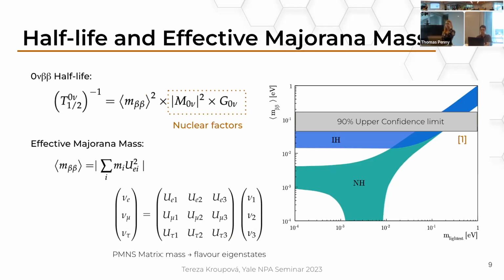So how often can we expect this process is given by the half-life here. The two factors here are nuclear factors: the nuclear matrix element, which is associated with quite a large uncertainty, and a phase space factor. And then it's also given by this effective Majorana mass, that is the weighted sum of the squares of the first row of the PMNS matrix elements.